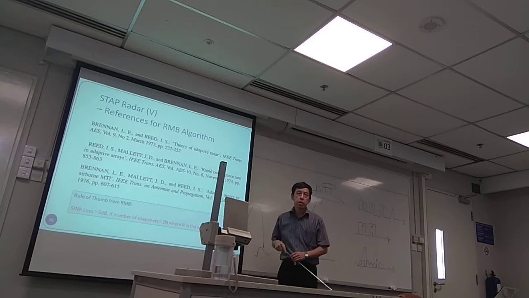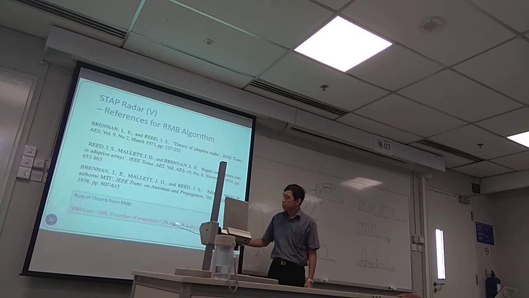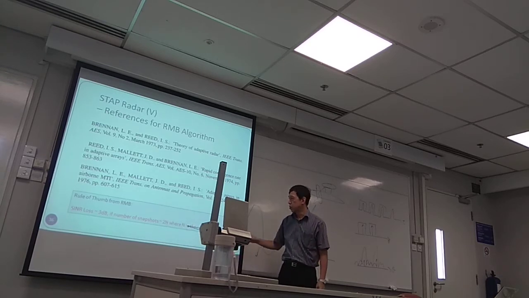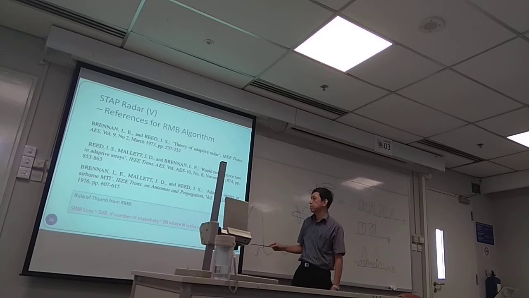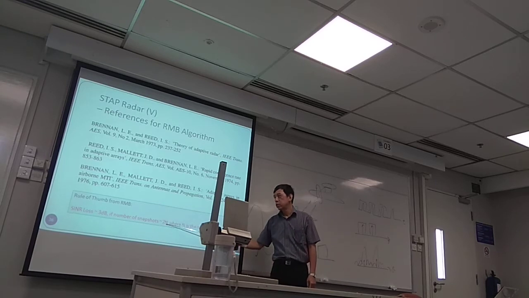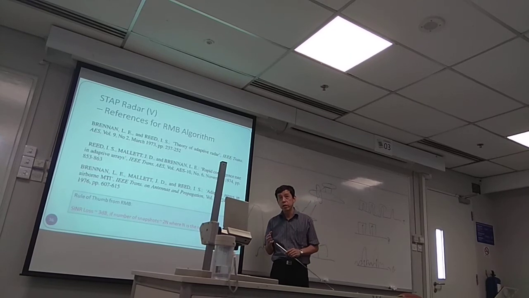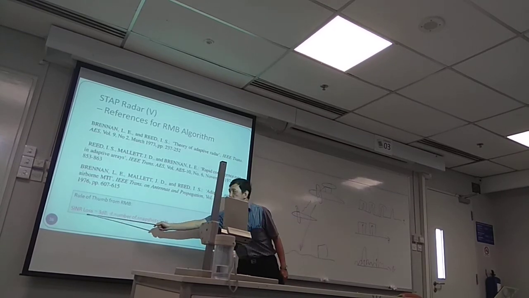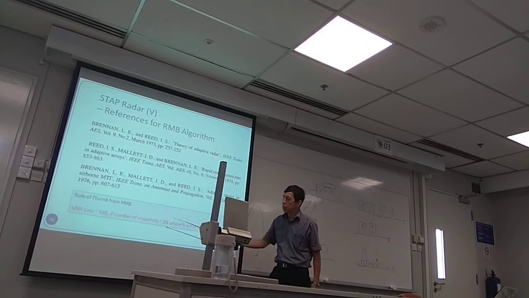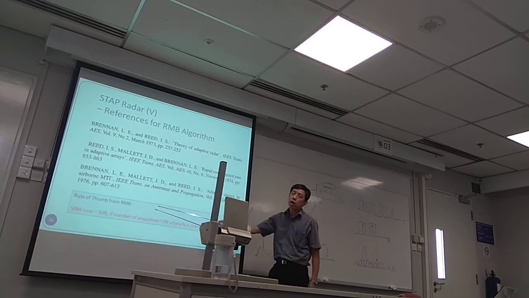When you have, let's say, 10 antennas in your implementation, then you have to make sure that you use at least 20 snapshots in your calculation of the array weight. So that is the meaning of this statement, and I call it the rule of thumb from RMB.